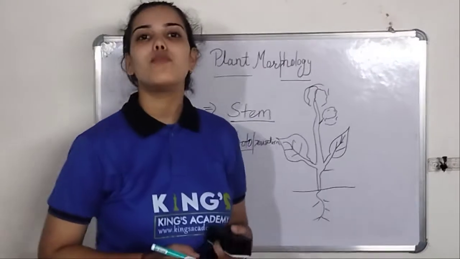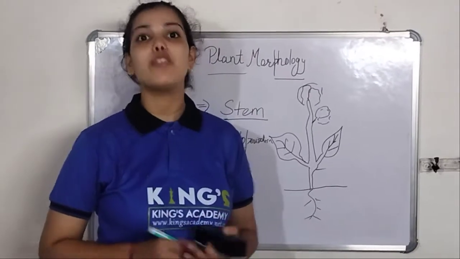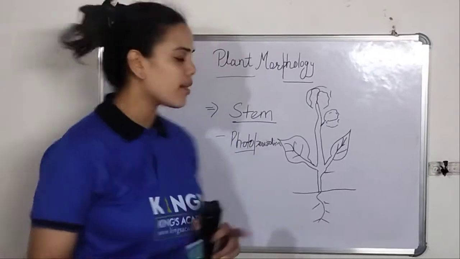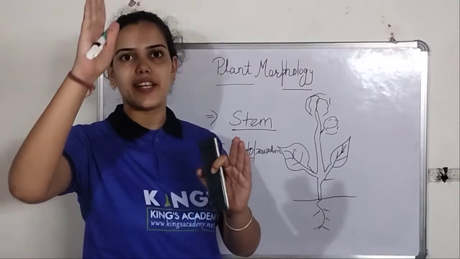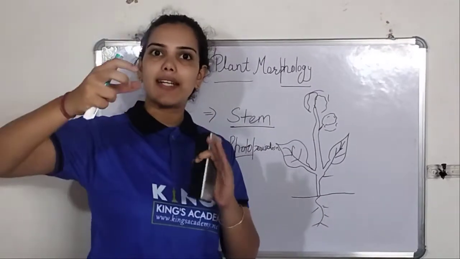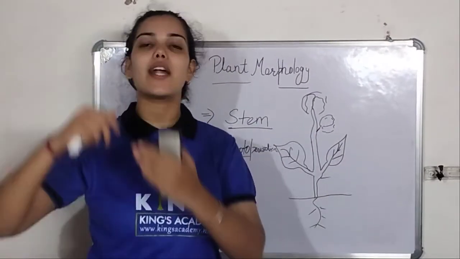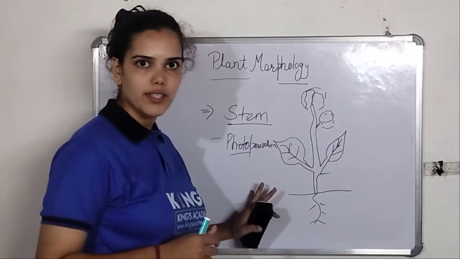Stem shows the movement of the plant towards the light, which is known as photoperiodism. So this phenomenon means that the plant is growing towards the light. From where the light comes, the plant goes in that direction, and this process is known as photoperiodism, right?